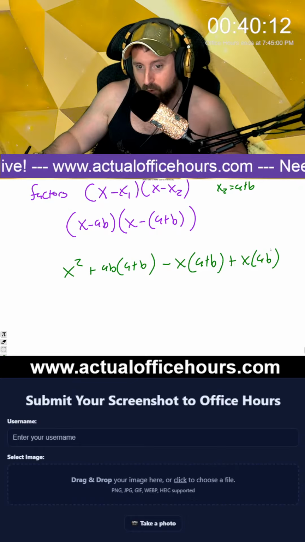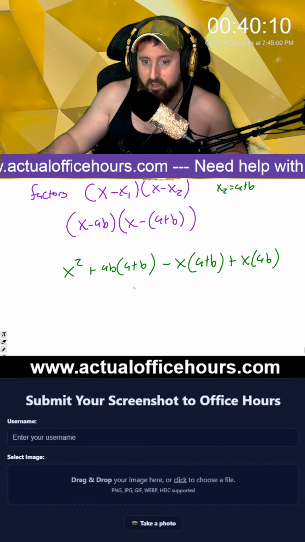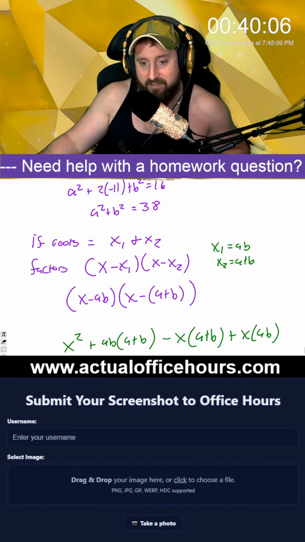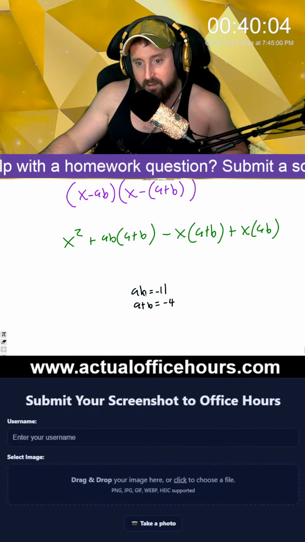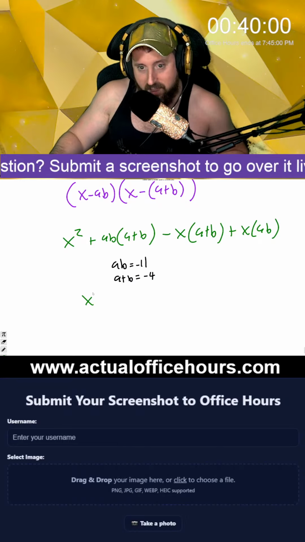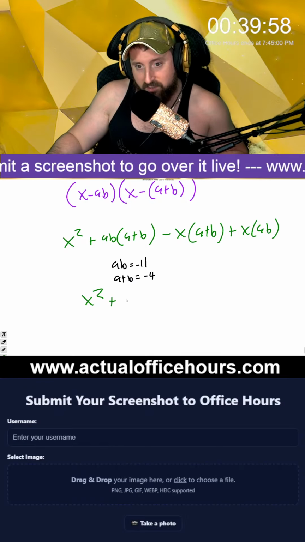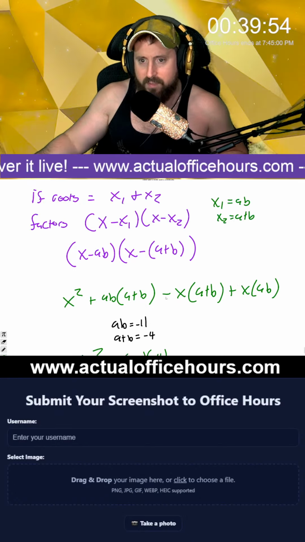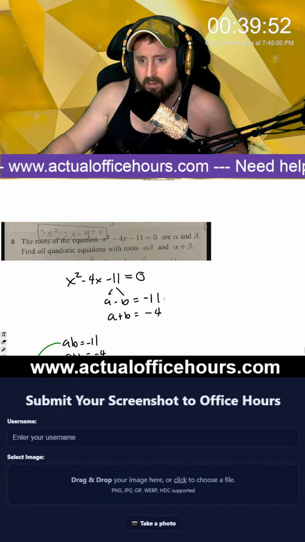Now watch this. This is really cool. We already know what AB and A plus B are, right? AB was equal to negative 11, and A plus B was equal to negative 4. So now you have X squared plus negative 11 times negative 4. I think that's right? That's what we're doing?